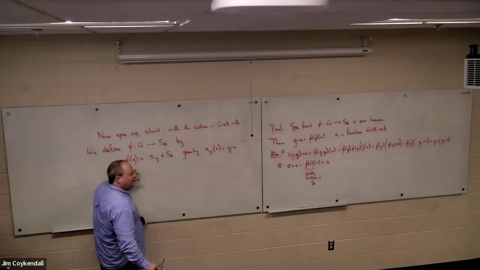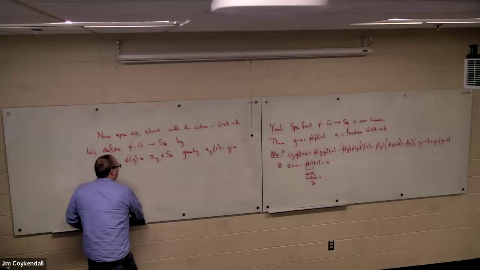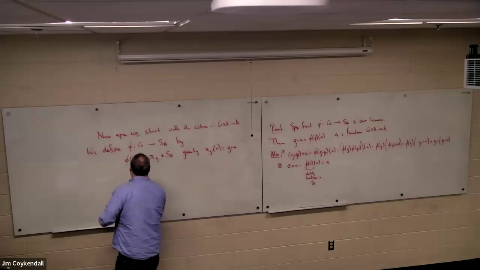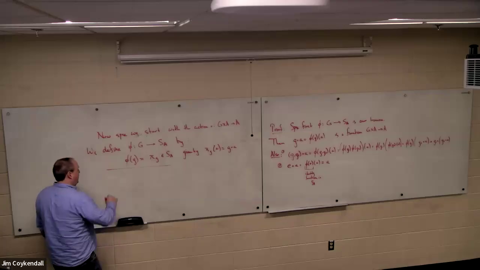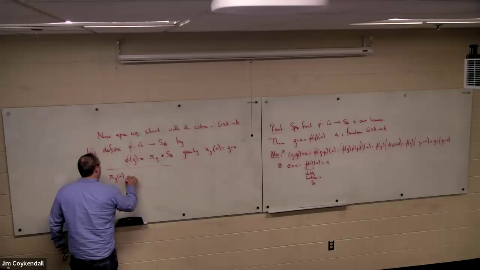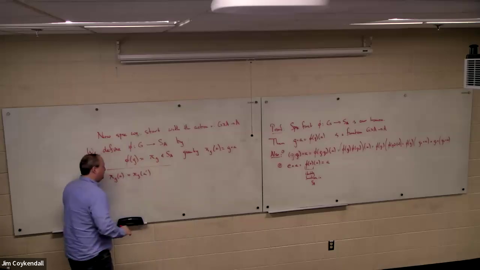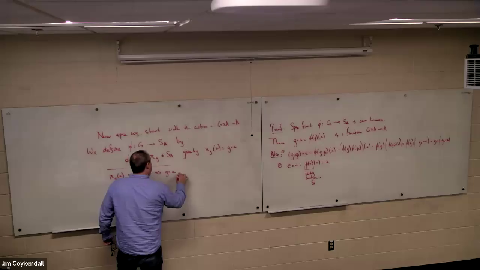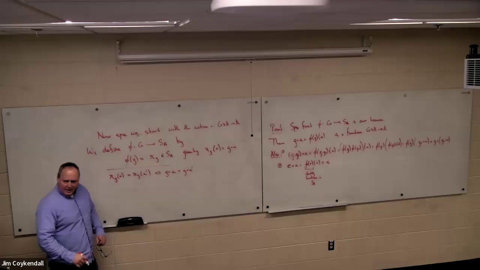Now, let me point out that this pi g actually is a permutation of A. So notice that pi g of a equals pi g of a prime implies a equals a prime. Everybody agree with that?